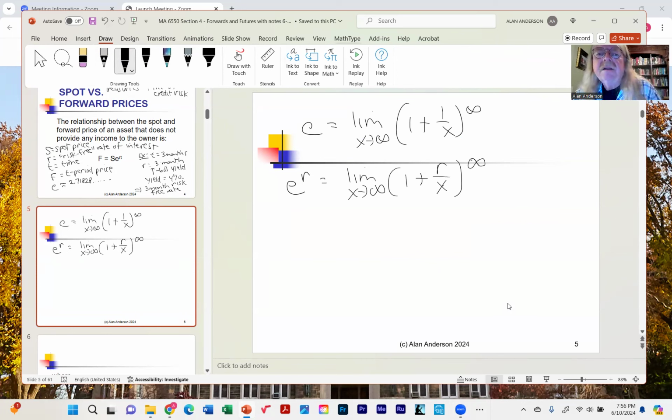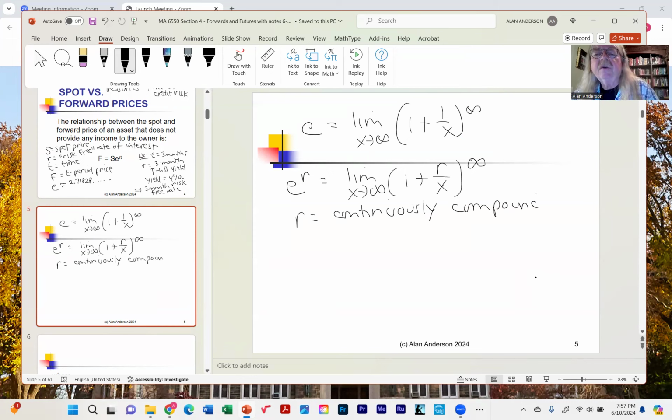So basically, this is what we mean by, as we saw earlier in the course, the R in this case would be the continuously compounded rate of interest.